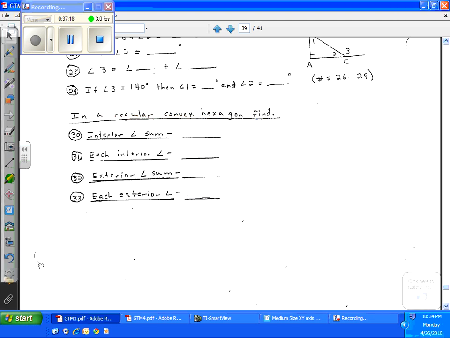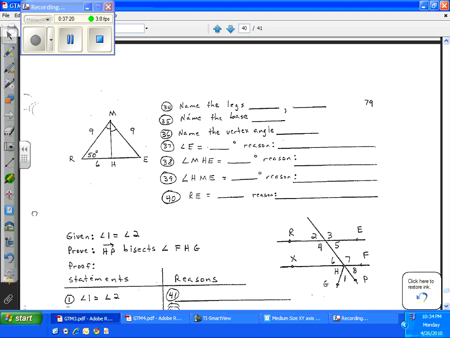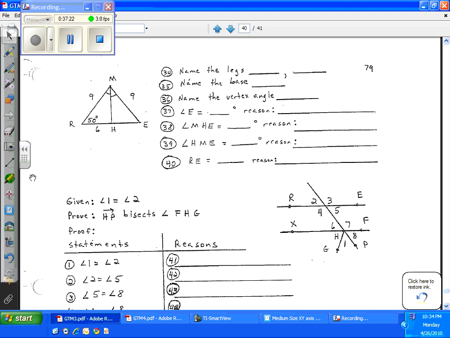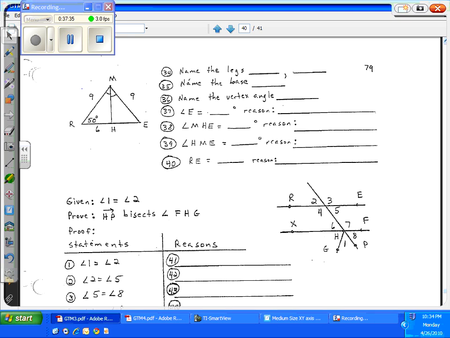Well, that brings us to isosceles triangle stuff, including the isosceles triangle theorem. Remember that an isosceles triangle is a triangle with two equal sides. The two equal sides are called the legs of the isosceles triangle.